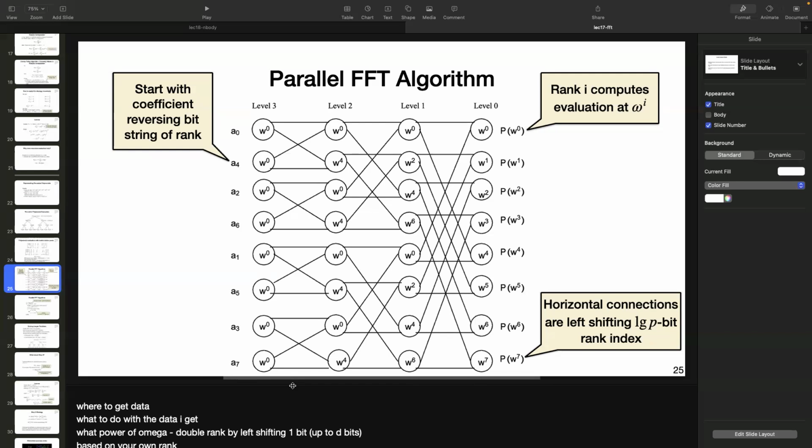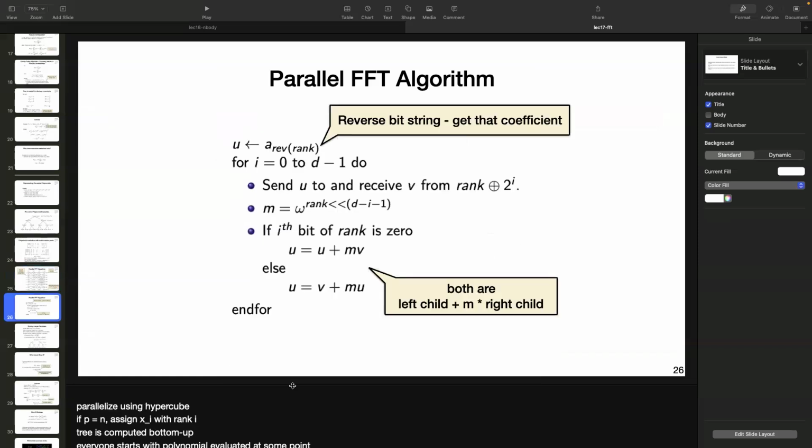And then it's 0, 4, 2, 6, because those are the combinations that come together to make the polynomial at level 2. And there's a few more.